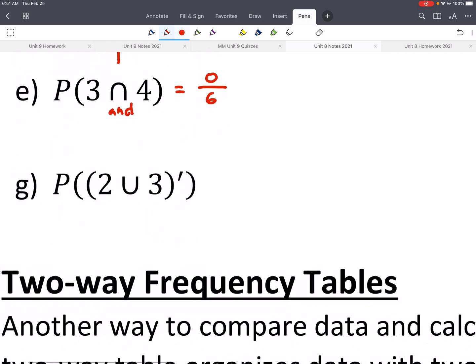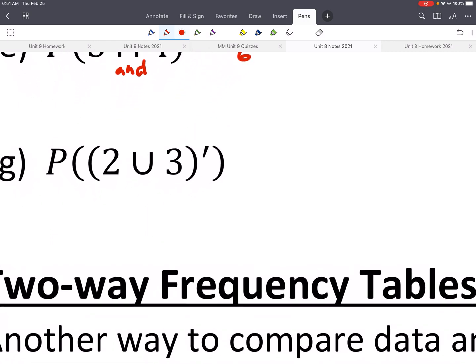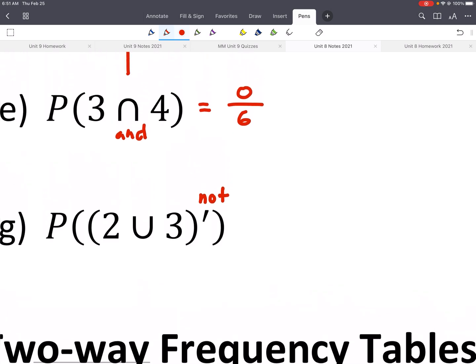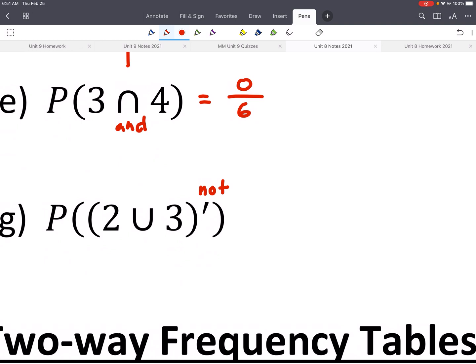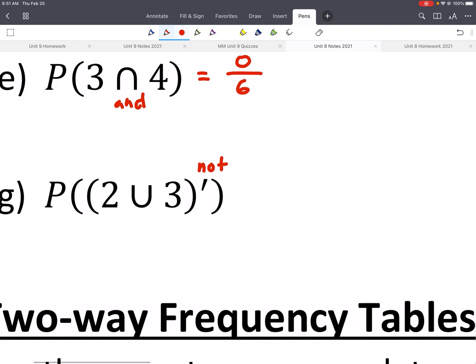All right, this one here, if we're going to do the complement, again, that's what that means, complement, maybe another way to think of that would be not. Okay, so when we start doing probability, using these words sometimes helps us understand it better. And again, we said that this was or. So what's the probability of not rolling a 2 or a 3? Okay.